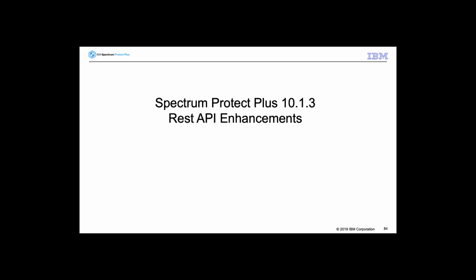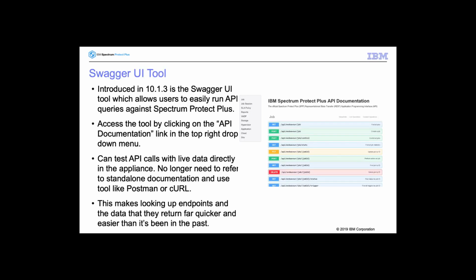Okay, continuing with version 10.1.3, REST API enhancements. This is a really neat feature that I like. In previous versions, Spectrum Protect Plus, of course, is REST API driven since it's a modern application.